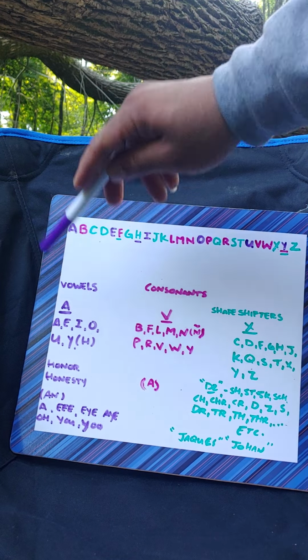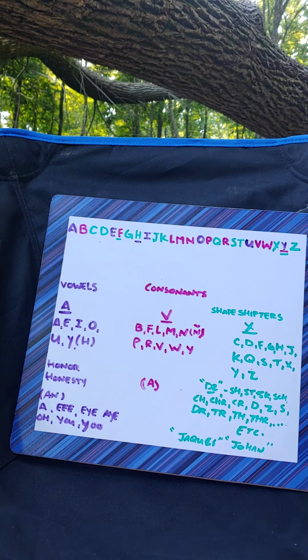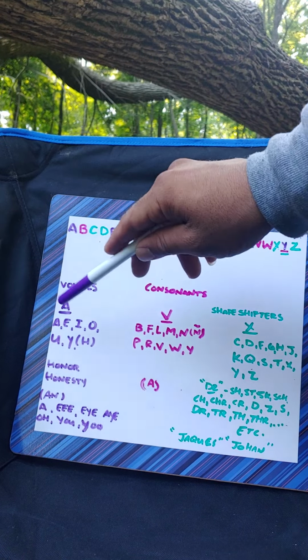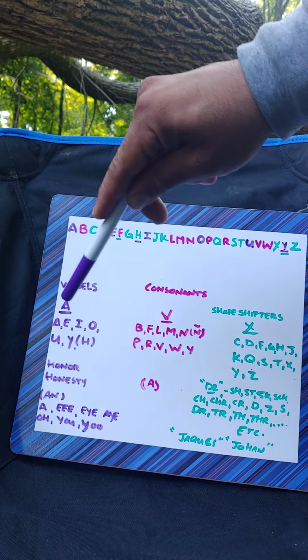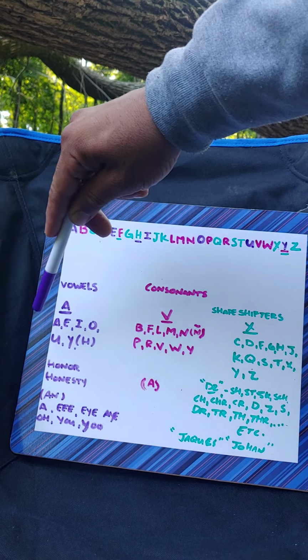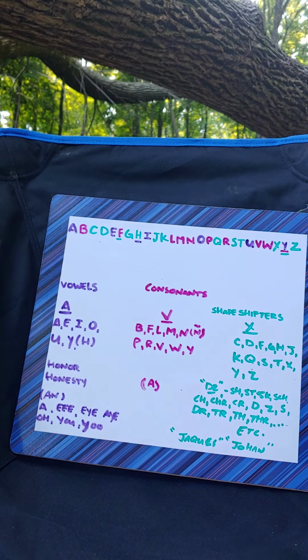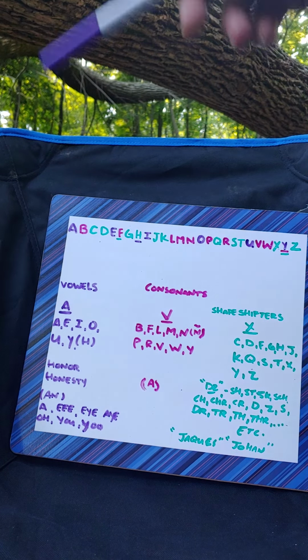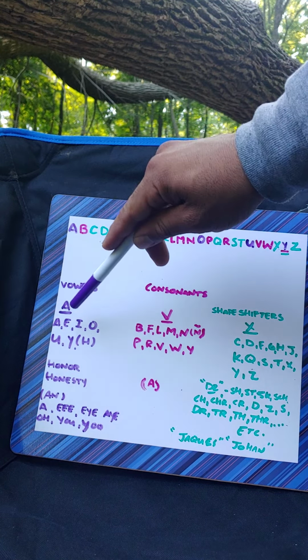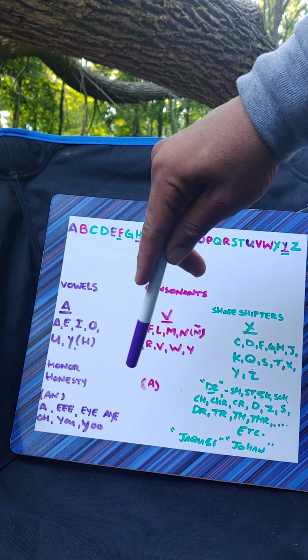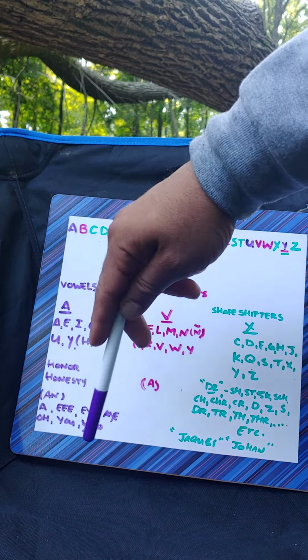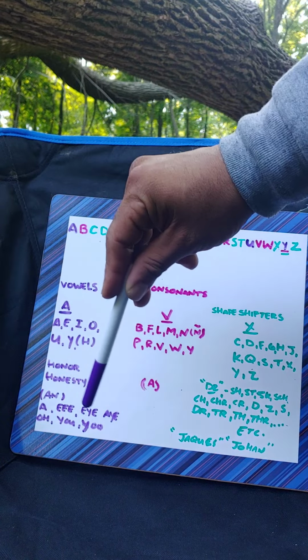And why do I put A at the top of this category? Because I've noticed that A, whether it's in English or a different language, can make every one of these sounds, right? One thing about vowels too is a vowel can stand alone by itself. It can be a word all by itself, like A is a word all by itself.